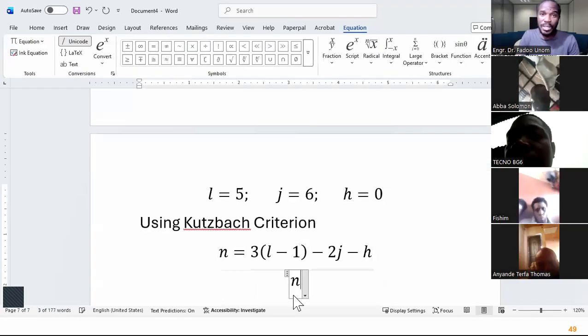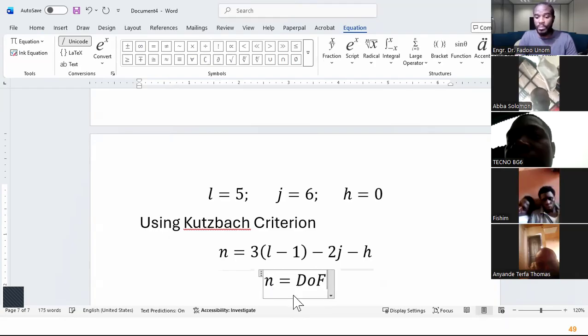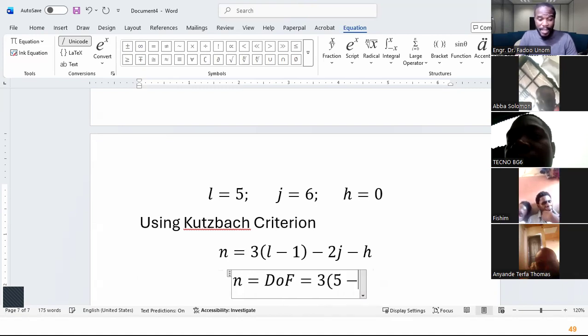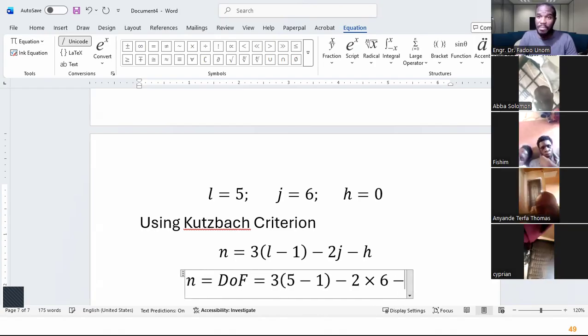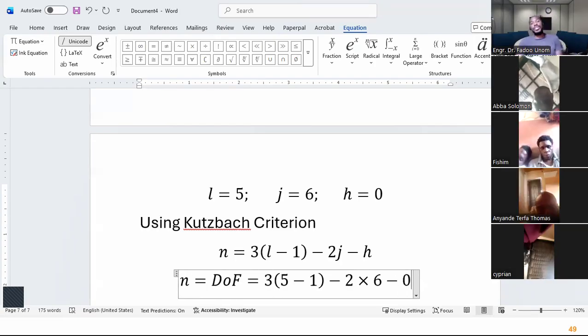So it means that n, or your degree of freedom, is given as 3 bracket open, how many links are there? 5, minus 1, bracket close, minus 2 times J. How many J's are there? 6. Minus H, which is 0, right?